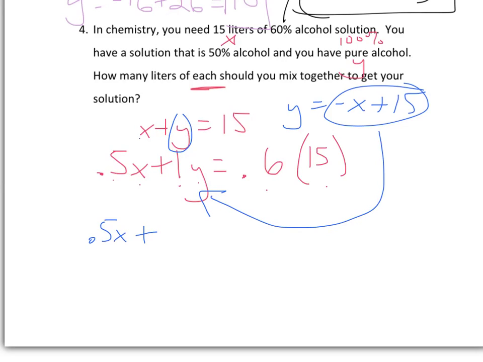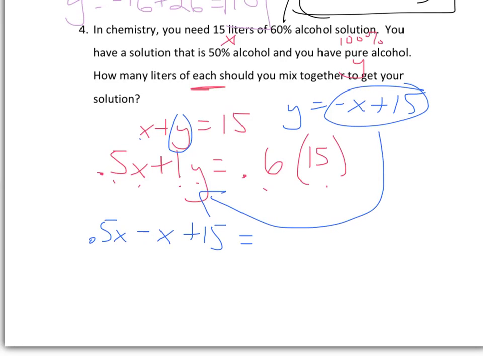It could just be a subtraction right away, because it's negative x, minus x plus 15 equals 0.6 times 15. You can just go ahead and do that right away. You do it in your calculator or however else you want to do it.